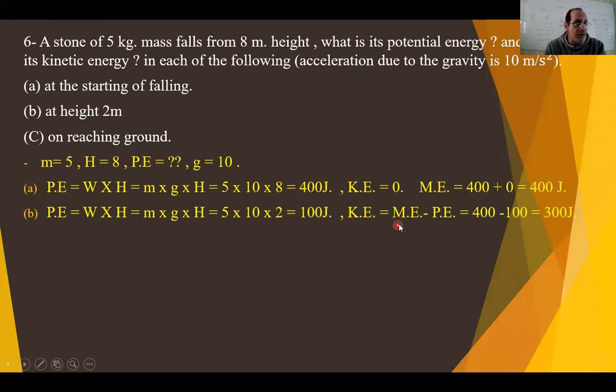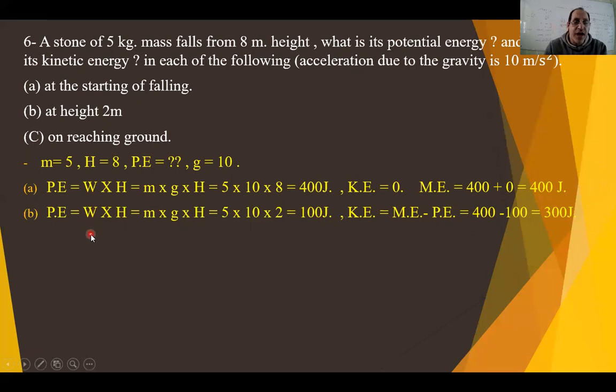So the kinetic equals mechanical minus potential, which is going to be 300. يعني من الآخر 400 mechanical هنا كانوا كلهم potential 0 kinetic. طب لما البوتنشال بقى 100 والميكانيكال كلها ستيل 400 يبقى على طول الكاينيتيك هتبقى 300.